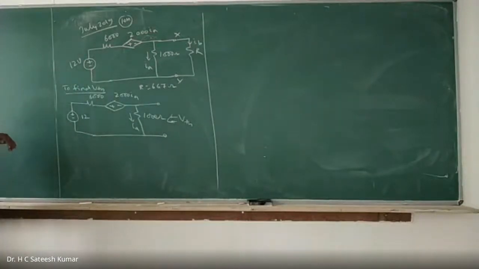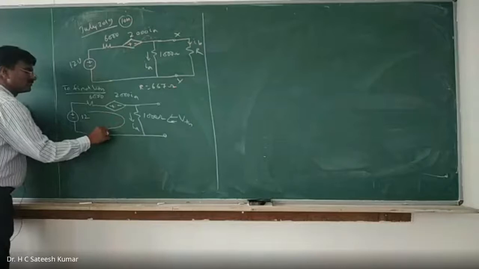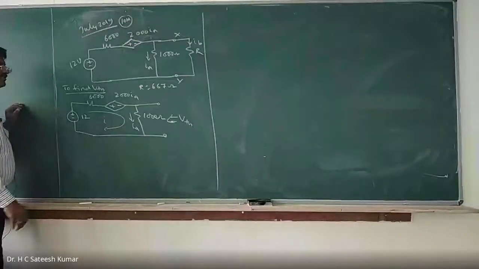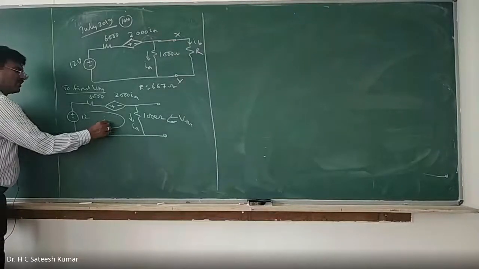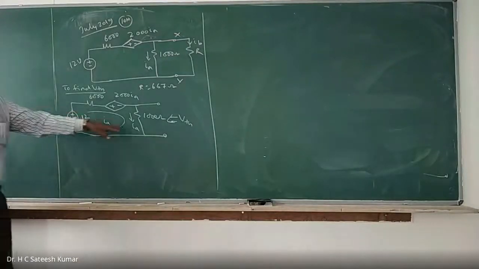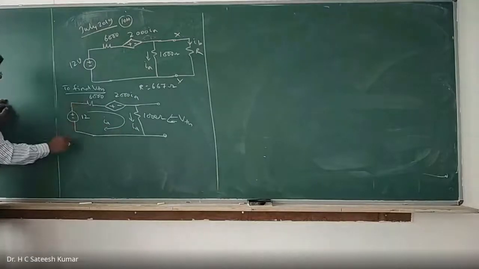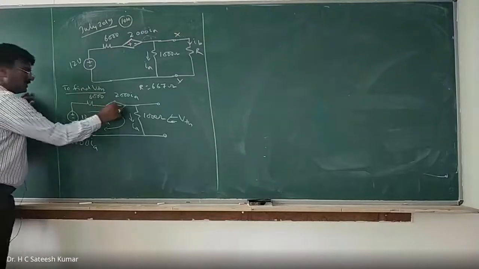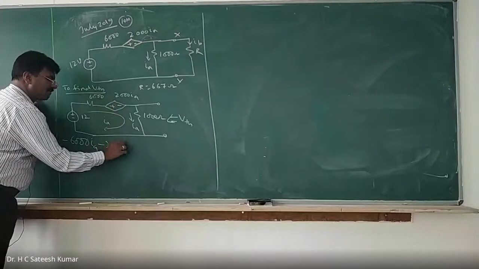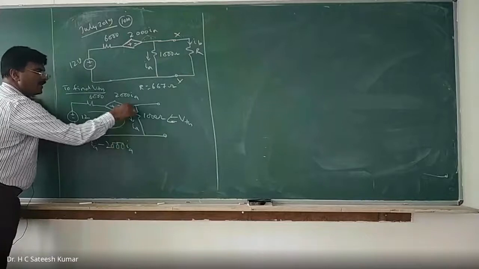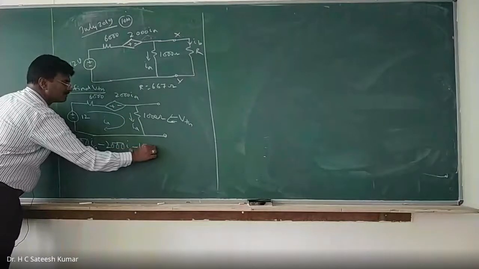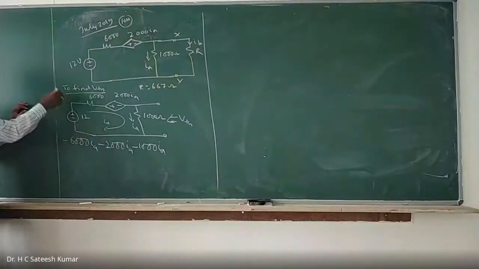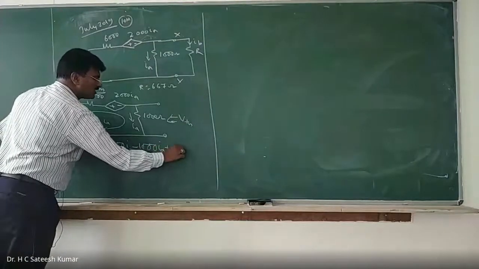Now you can go for KVL. You call it I, or you can call it IA itself. Only one current is there. Therefore, you can write: minus 6000 IA, plus to minus is minus 2000 IA, and minus 1000 IA, and minus to plus is plus 12, equal to 0.